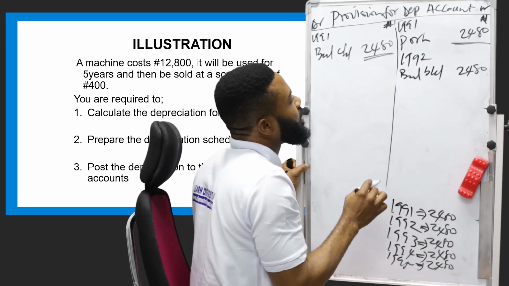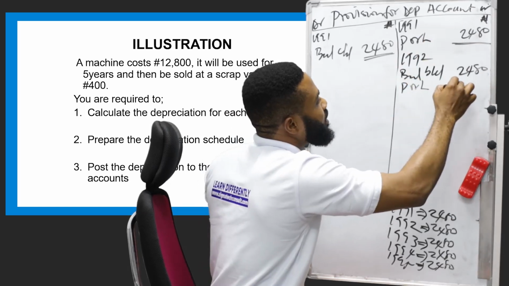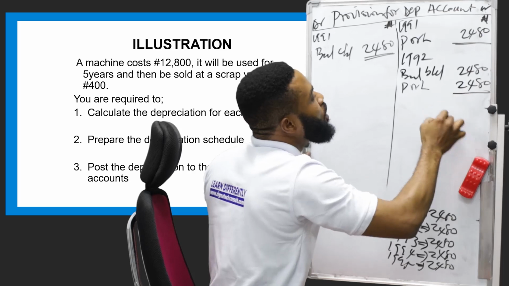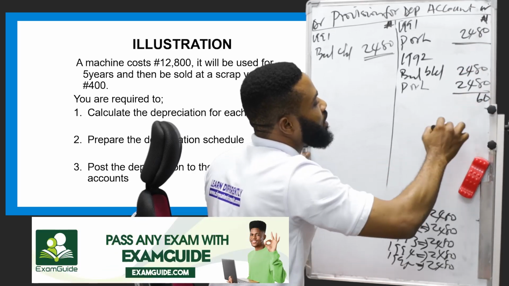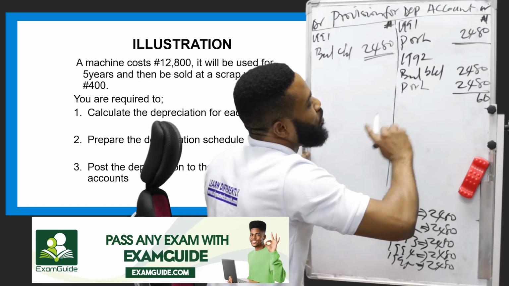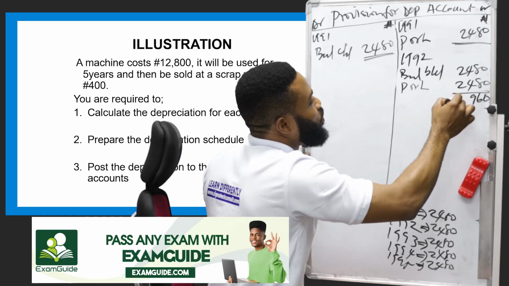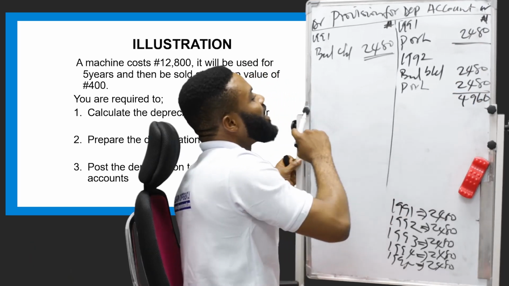Your profit or loss for the year is still the same value, 2480. When you add them, 0 plus 0 is 0, 8 plus 8 is 16, which gives 6, carry 1. 4 plus 4 is 8, plus that 1 is 9, and 2 plus 2 is 4. So the value you are going to have here is 4960.